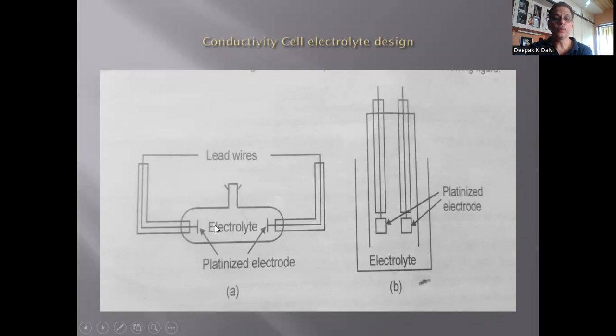Now, one of these lead wires is connected to the negative potential of the Wheatstone bridge, and one is connected to the positive potential.